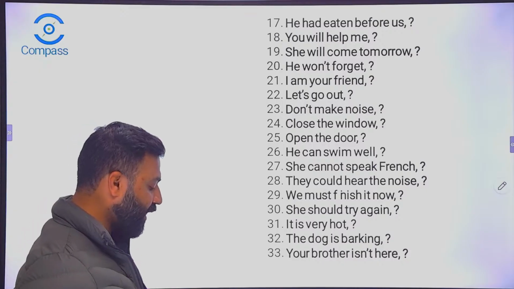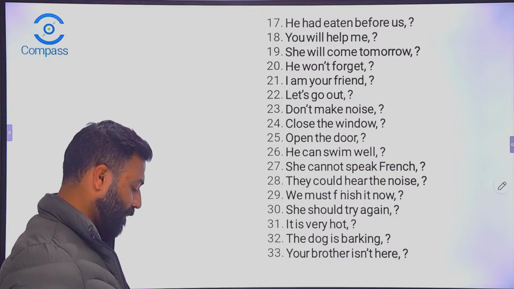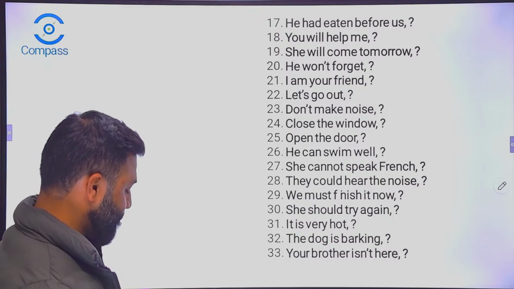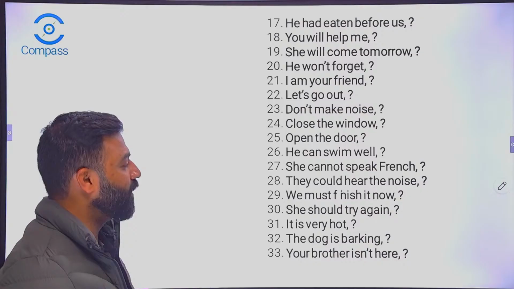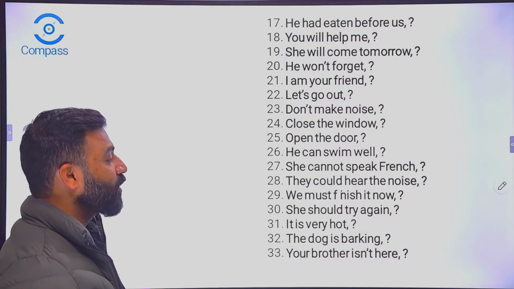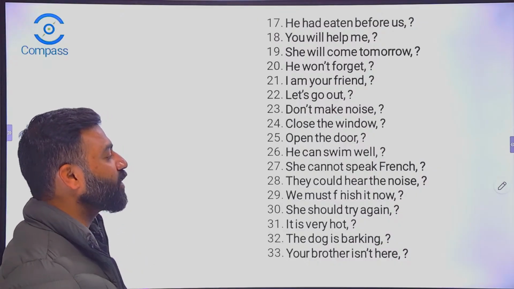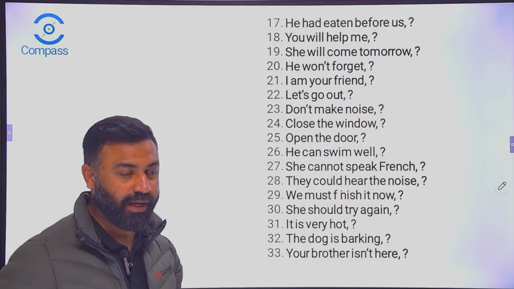Sorry, they could hear the noise. So the correct question tag that is going to be used here is, couldn't they? So they could hear the noise, couldn't they? That's the right answer.